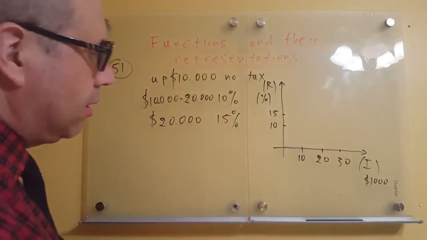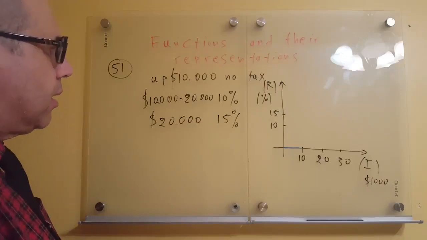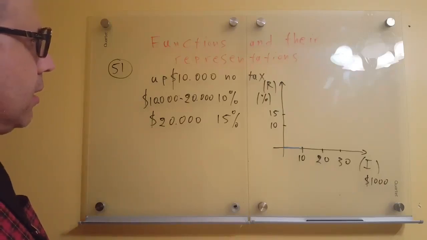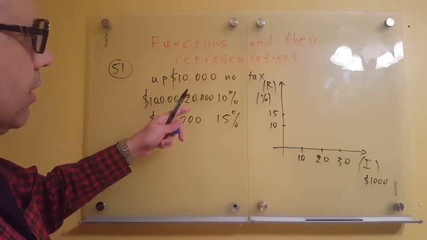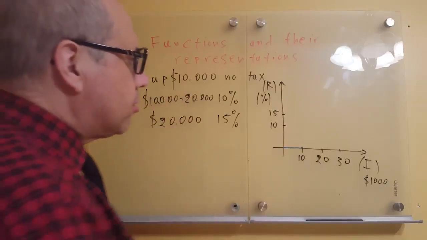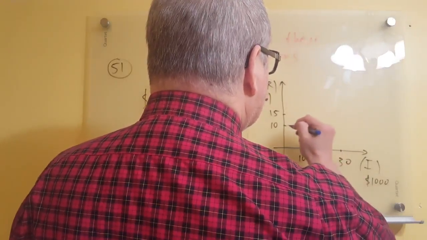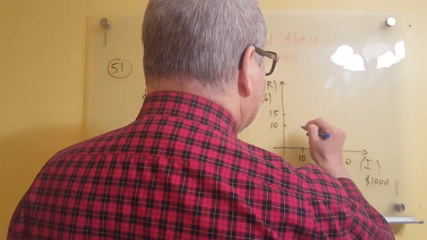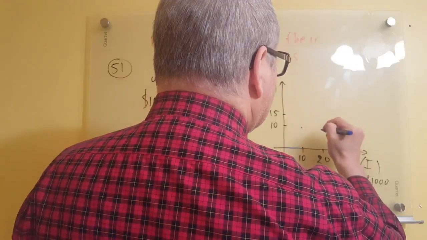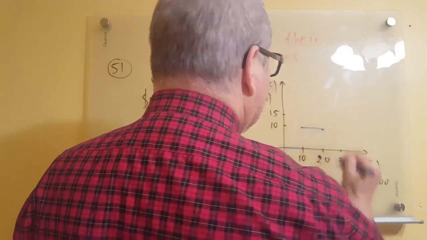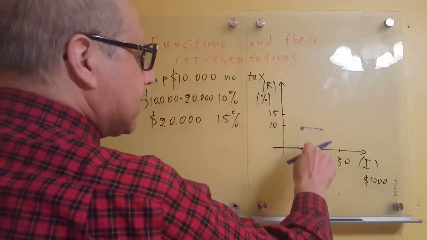I'm using a blue pen. Now from 10 to 20 it's 10%. So from here to here, it's at 10%.